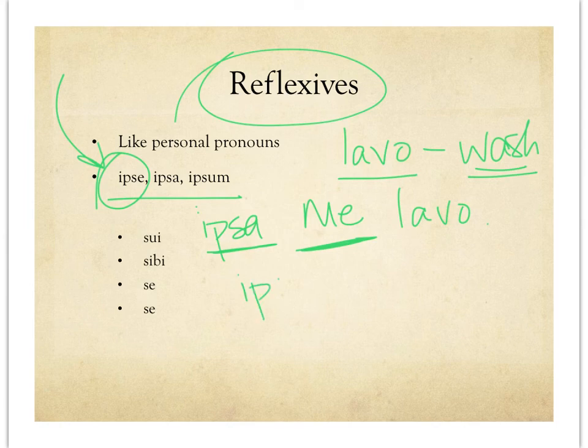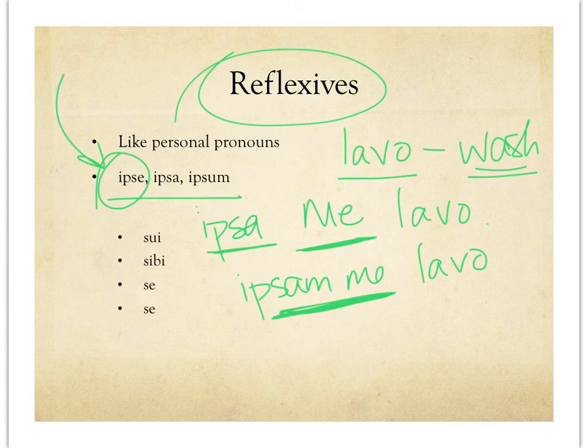So you could say ipsam me lavo, where you would say, I wash my very self, my self. So that would be super intensified in a way that you probably don't need.